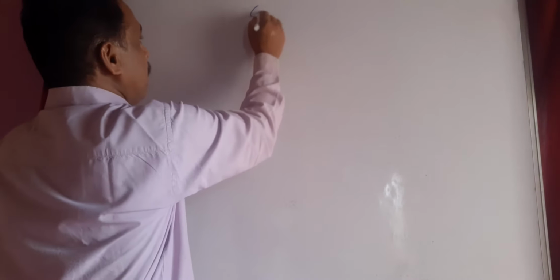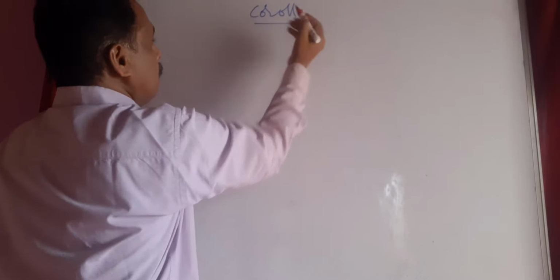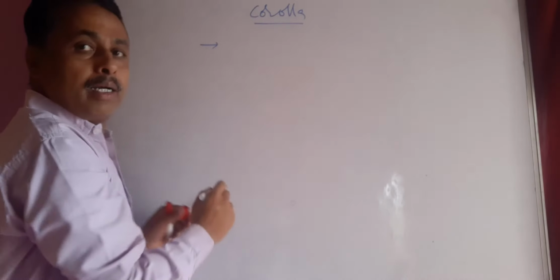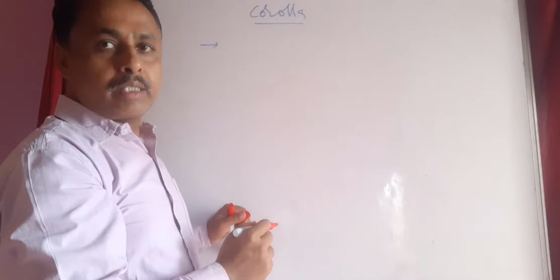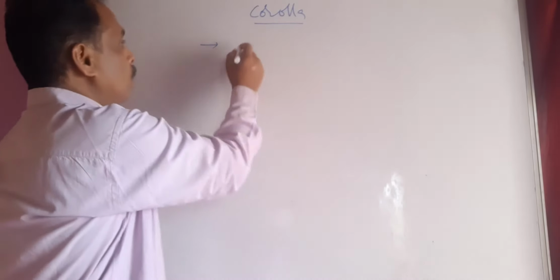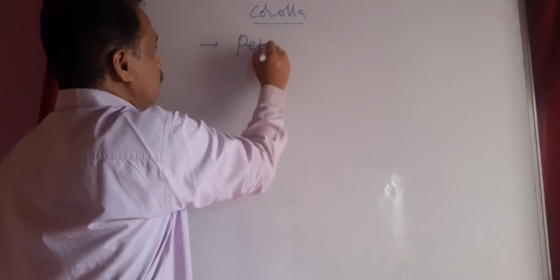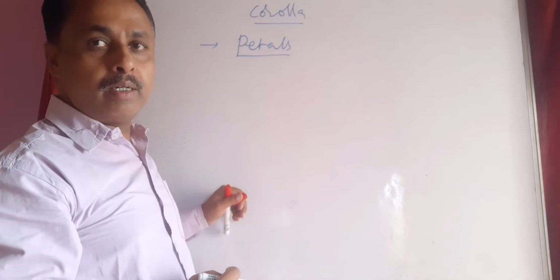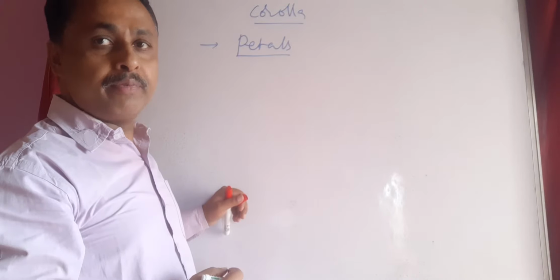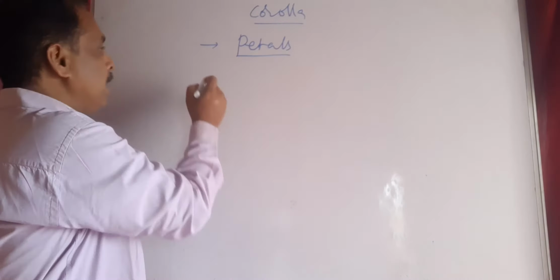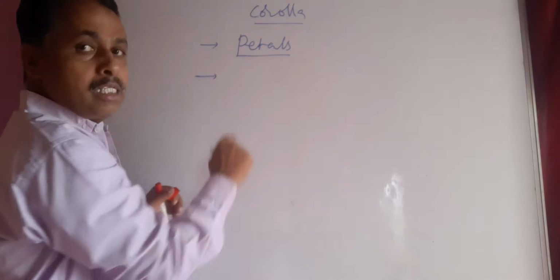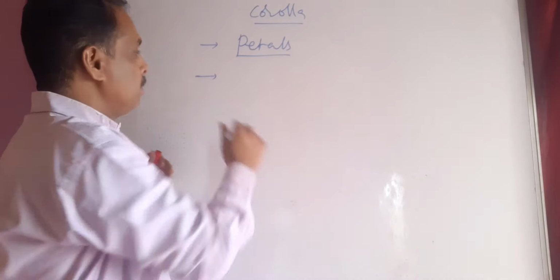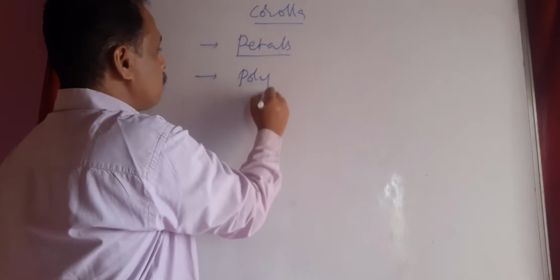Now we are going to talk about the corolla. The corolla is composed of colored, fragrant structures of the second whorl of a flower, which are called petals. The number of petals will be different for different species. If the petals are free in a flower, it is called polypetalous.